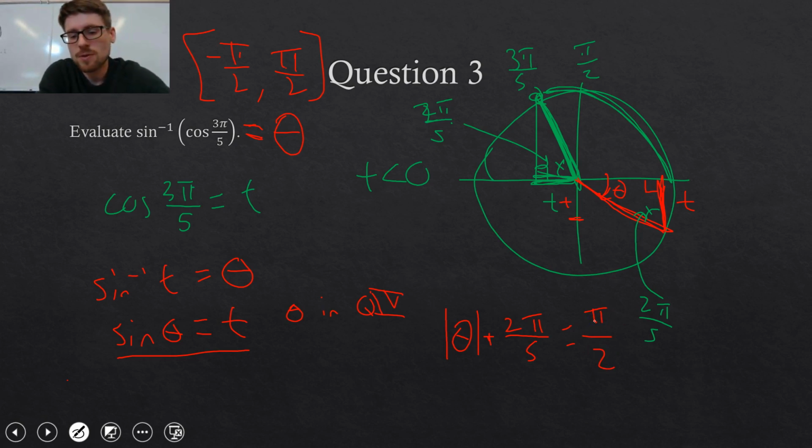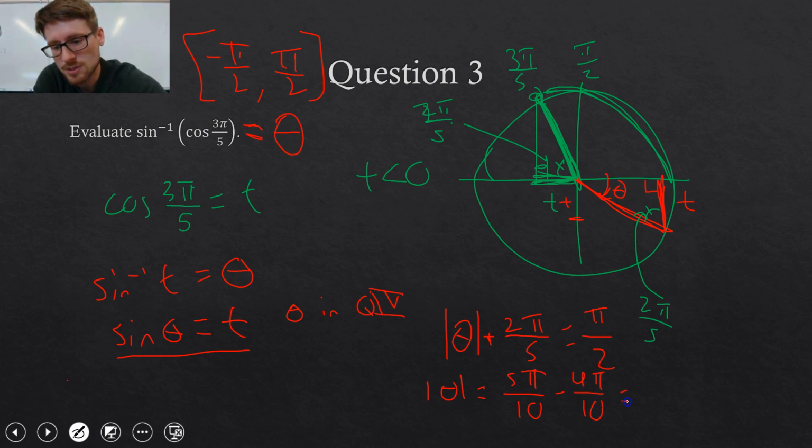And so if we were to subtract, we would get the absolute value of theta equals 1/2 minus 2/5. I'm going to just do it all the way out. We have 5 pi over 10 minus 4 pi over 10, which is equal to pi over 10. Pi over 10.